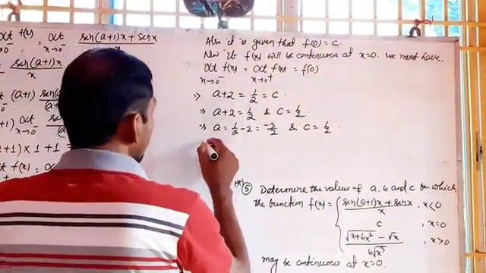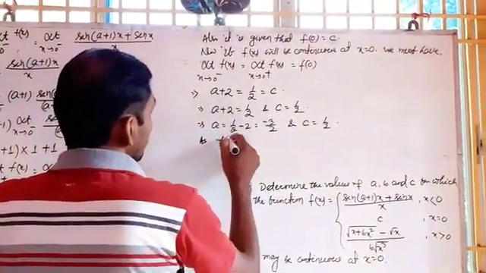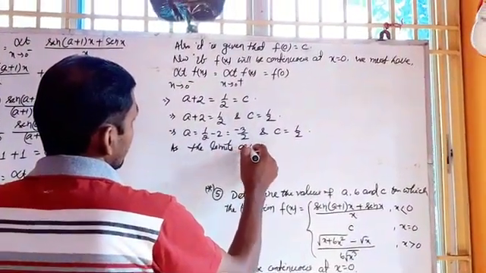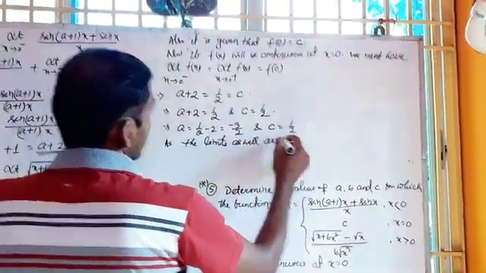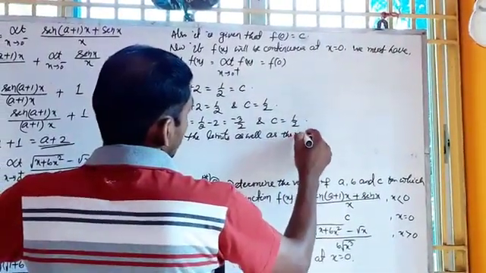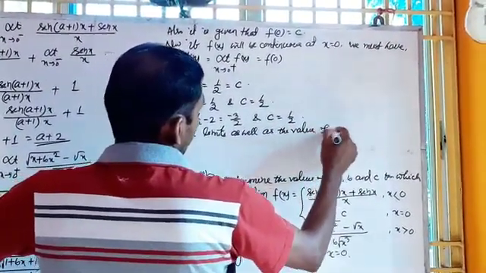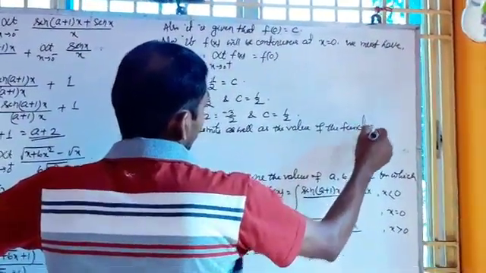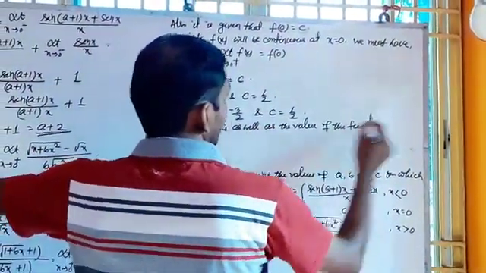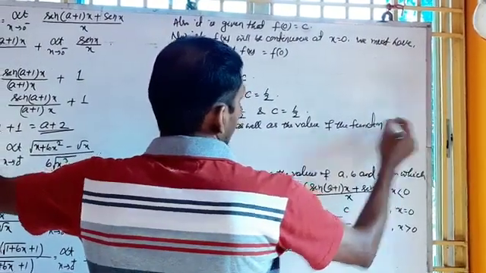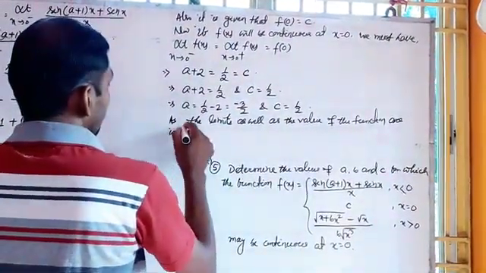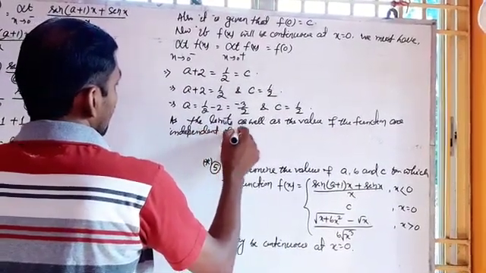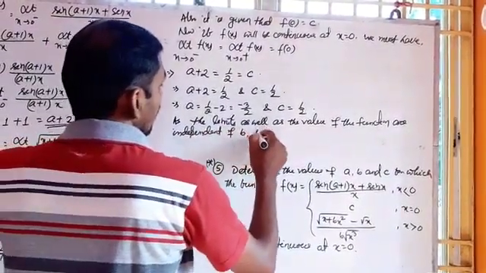So here we write, the limit as well as the value of the function are independent of b.